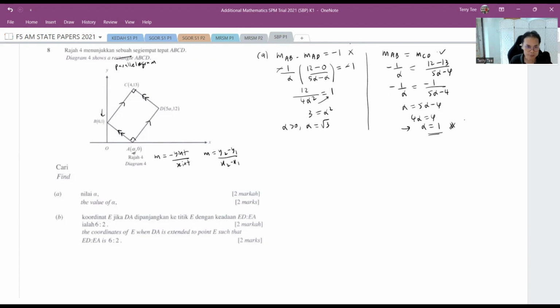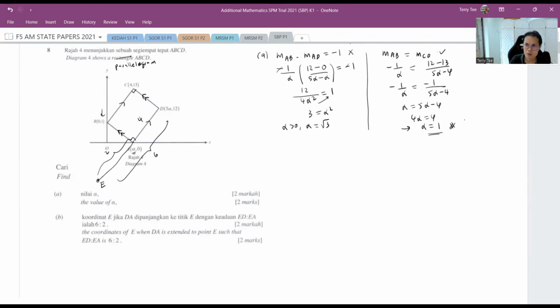Okay, next one. They say find the coordinates of E when DA is extended to point E such that ED to EA is 6 to 2. I don't know where E is. Probably here. This is ED, EA is 6 to 2. This is 6, this is 2, this is 4.